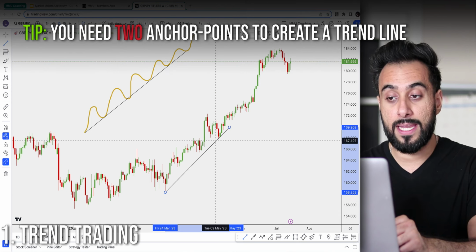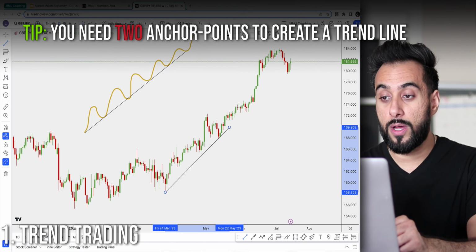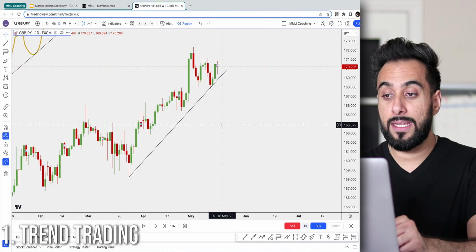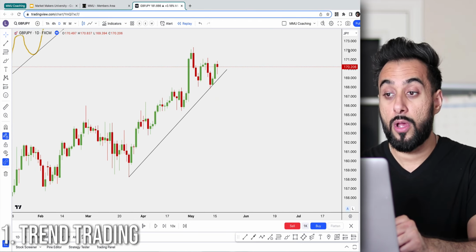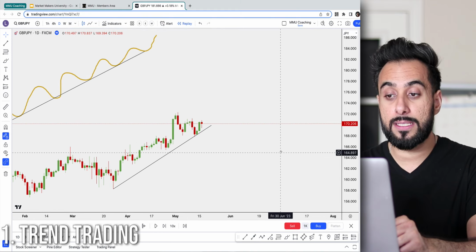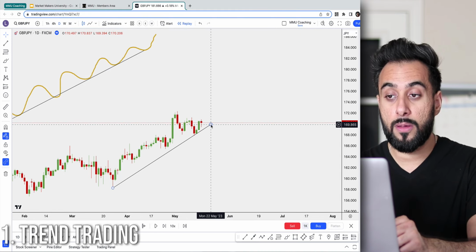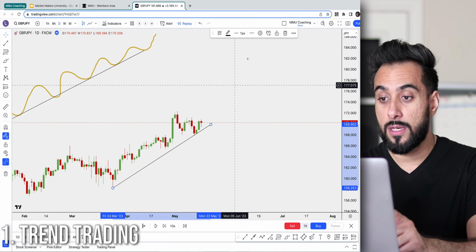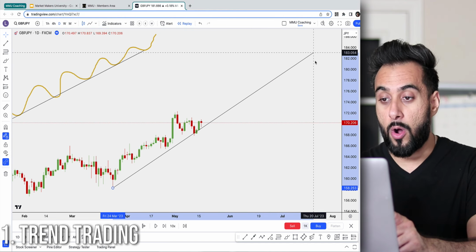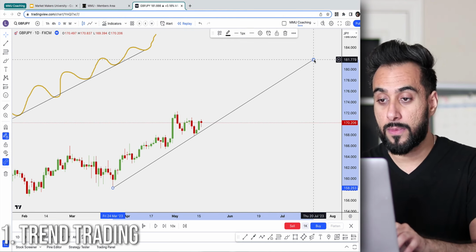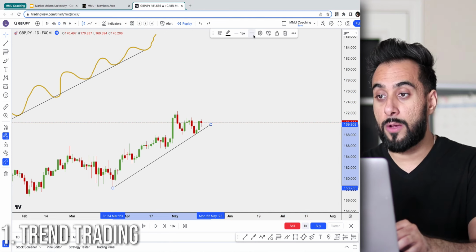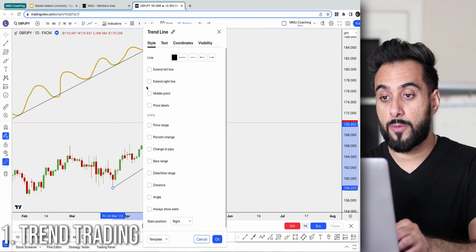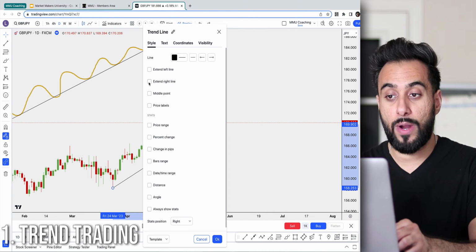Once you have the 2 points connected, make sure you extend the trend line into the future. Why? Because we're going to be using this as a reference to where the price might react in the future. You can manually drag it all the way to the right, or this little thing will pop up, and you can click on the little gear icon and then click where it says extend right line.